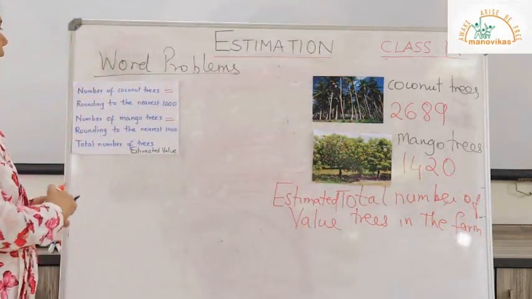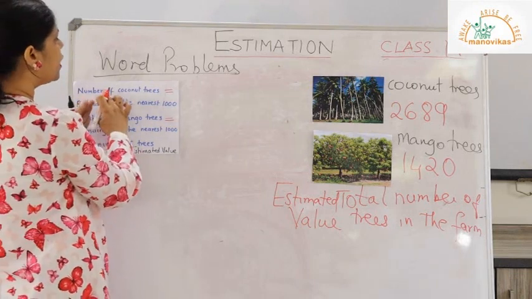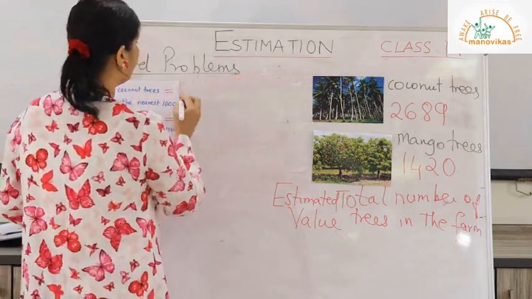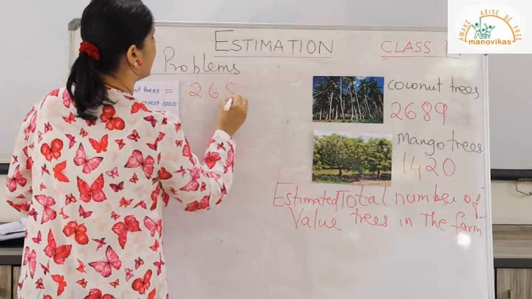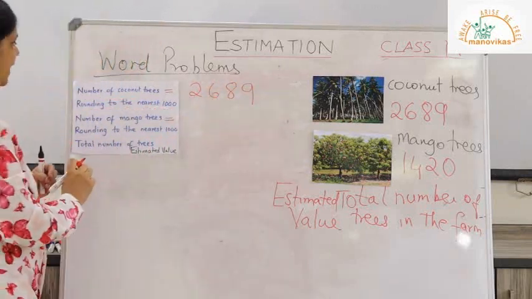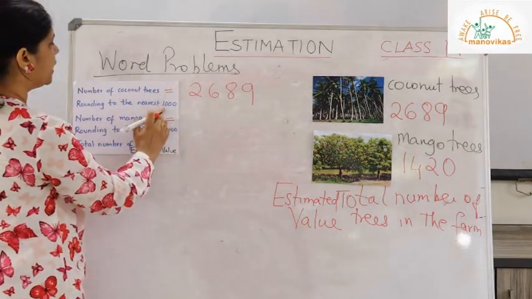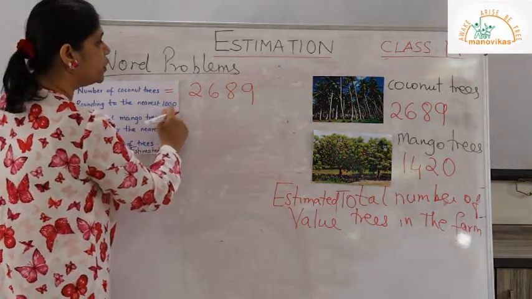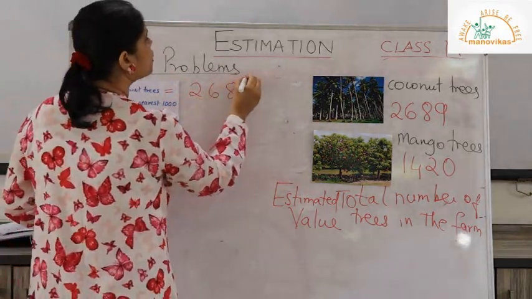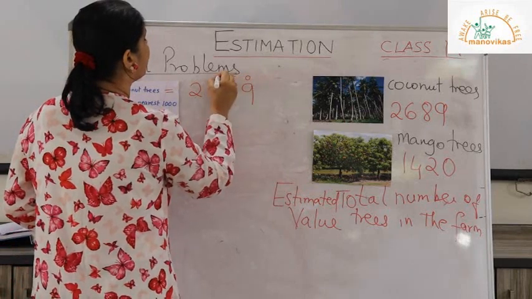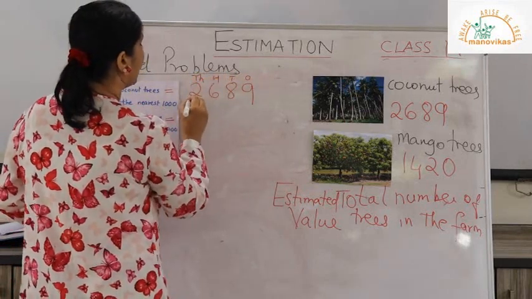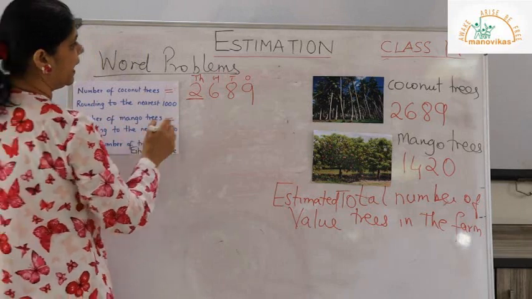So let us begin. First we will write the number of coconut trees in the farm, that is 2,689. Next we will round this number to the nearest 1,000. So ones, tens, 100, 1,000. Underline the digit in the thousands place.